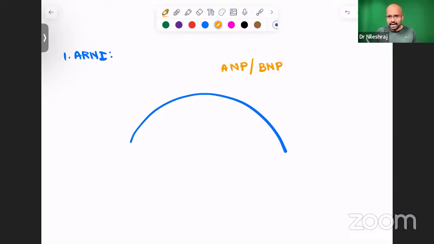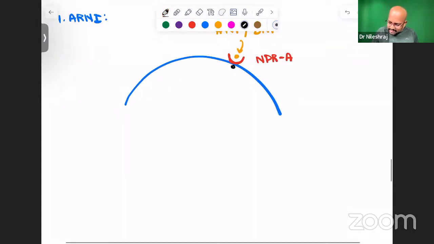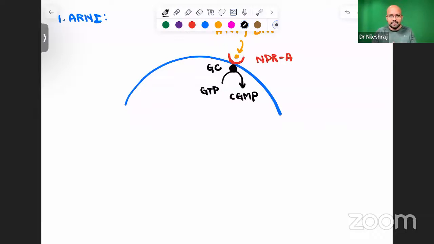These two molecules bind with receptors called natriuretic peptide receptor type A. Whenever ANP or BNP binds with the receptor, intracellularly the receptor is bound with guanylyl cyclase, whose function is to convert GTP to cyclic GMP.